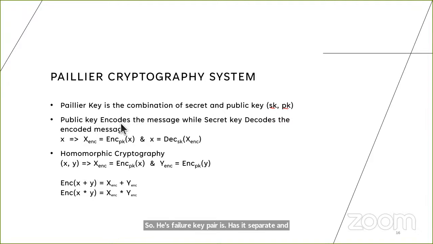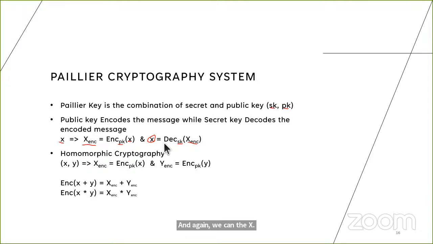And we can encode a message by the public key, and the Paillier secret key can decode the encoded message. That means that if we have message X, we can encrypt X by the public key of Paillier, and it would be X encoded. And again, we can decode X encoded by the secret key, and retrieve X.